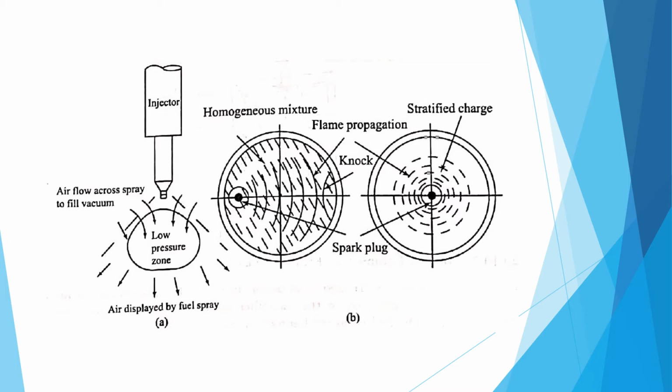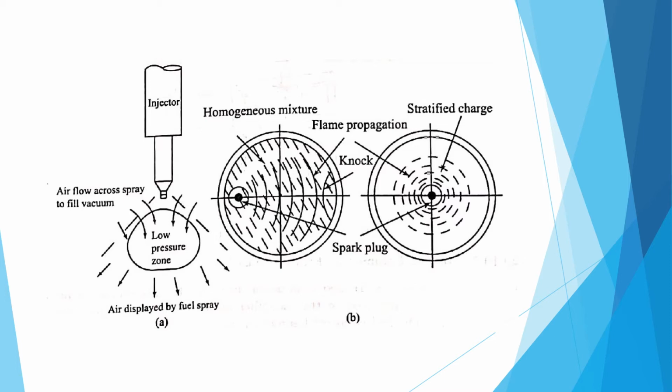This helps to drag some of the smaller droplets. They get vaporized and form an ignitable air-fuel mixture some 5 to 10 mm ahead of the injector tip. Due to higher inertia relative to the drag force, the heavy droplets do not get closer to the spark plug.